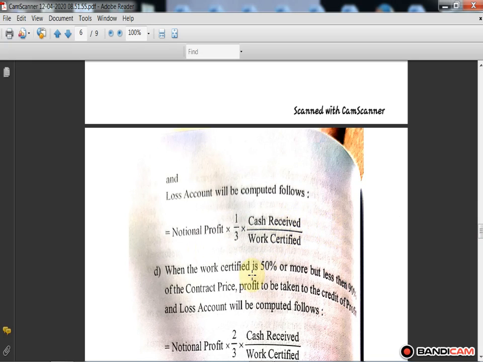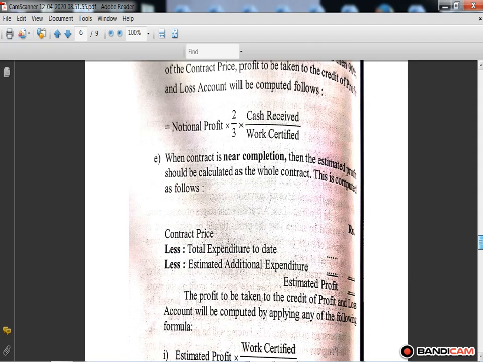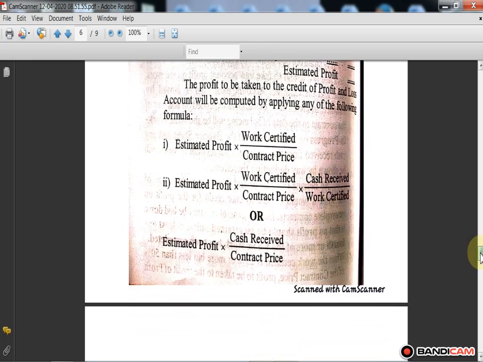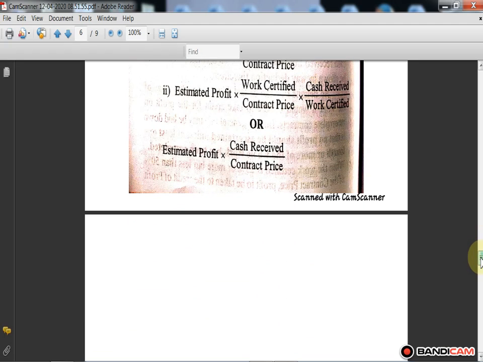If the work done is more than 50% but less than 90%, then use this formula. So this formula is used for computation of notional profit, and estimated profit is calculated at the time of completion of the contract. It means the contract is near completion. Now these are the formulas, remember them.